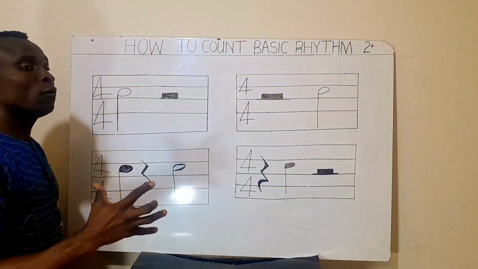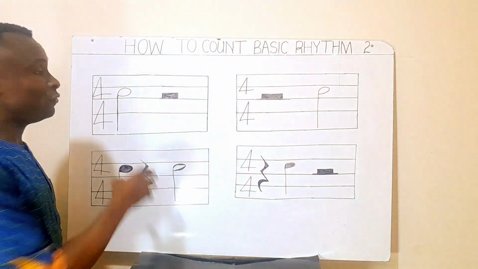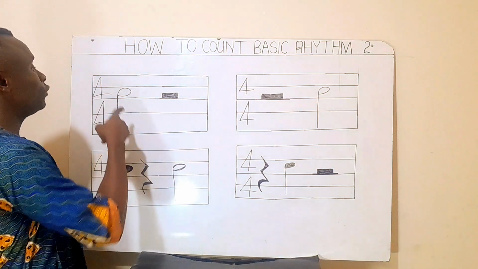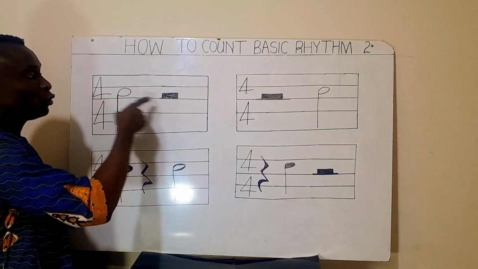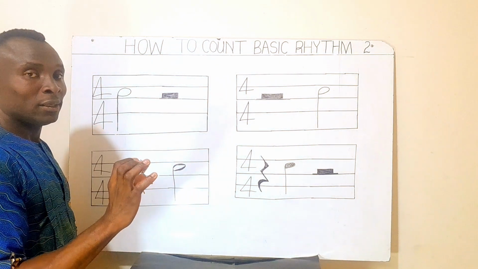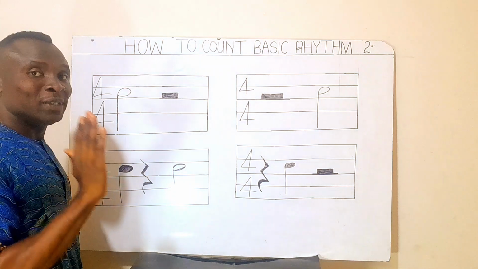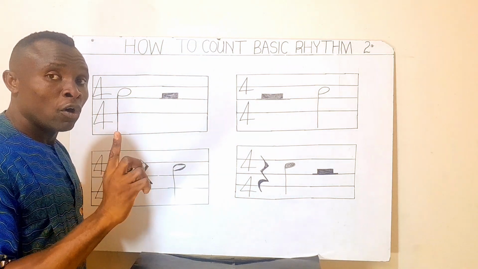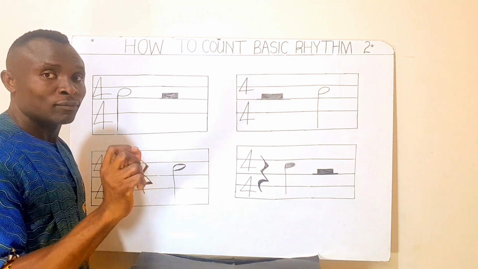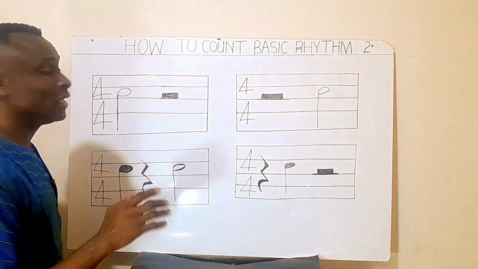So in musical script, if you see something like this, you are meant to sing or play on this particular note and observe your rest on this other one. You will just be silent, but you will still observe that same amount of time in your rest.